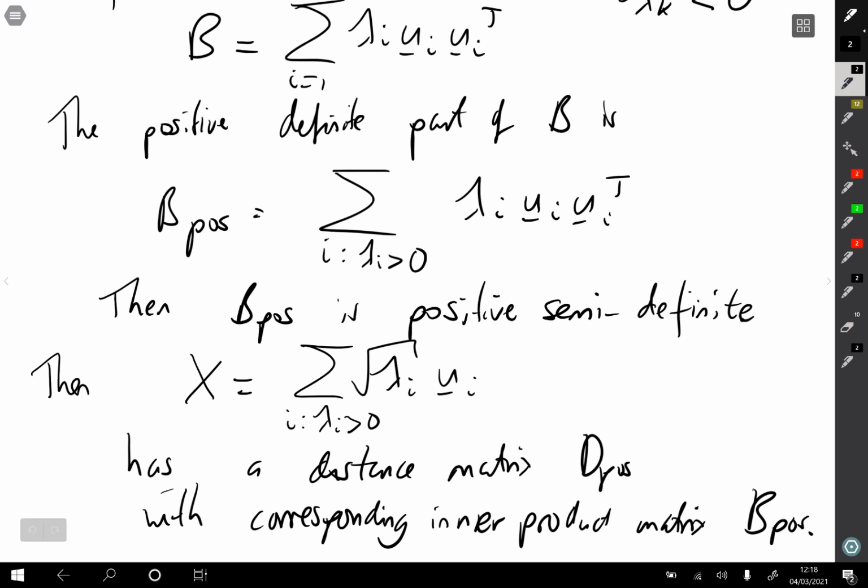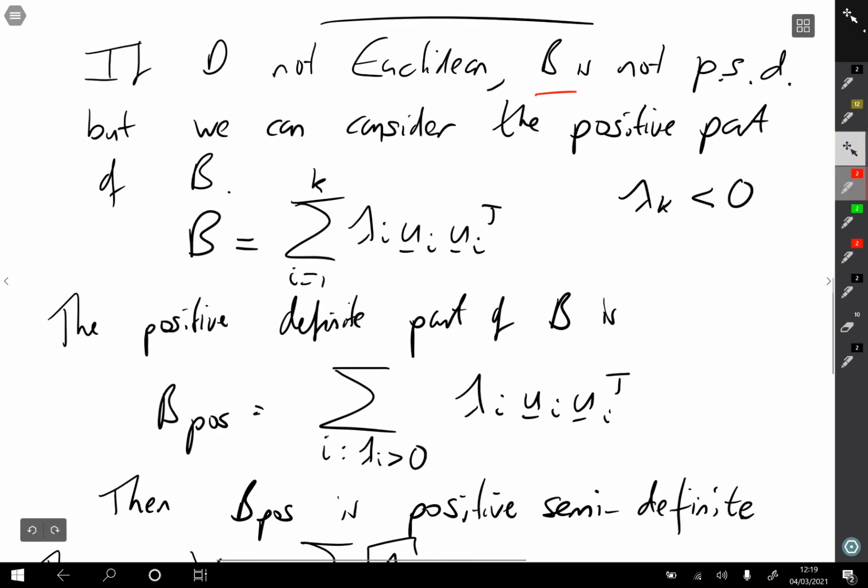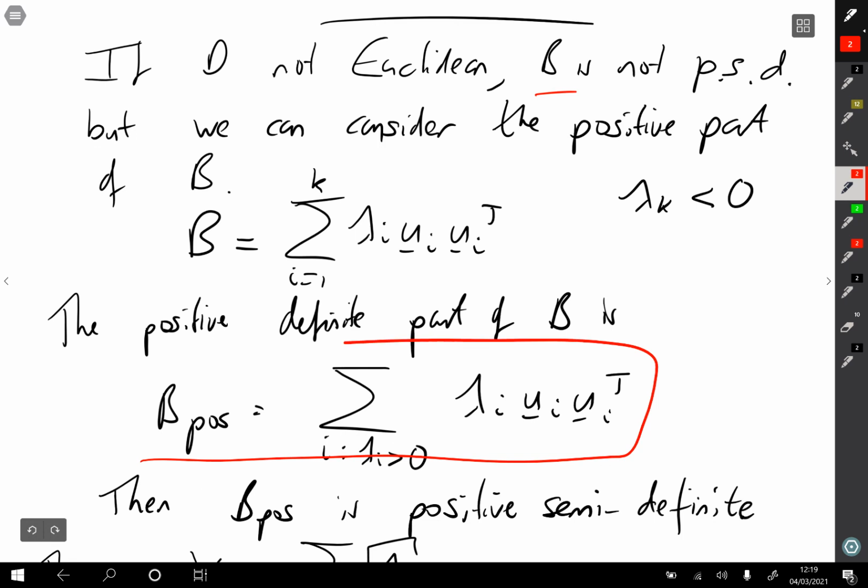So if we're given a non-Euclidean distance matrix D, we can consider its centered inner product matrix B. B won't be positive semi-definite, but we can construct the positive semi-definite part of B, and then apply the theorem to that part.